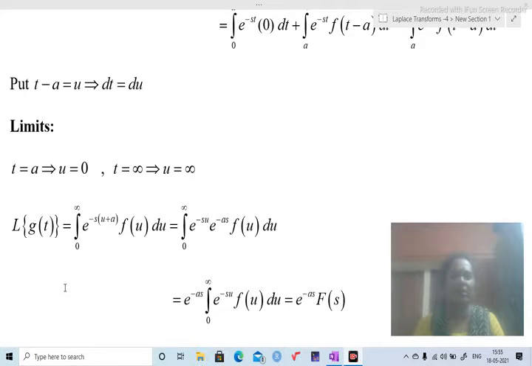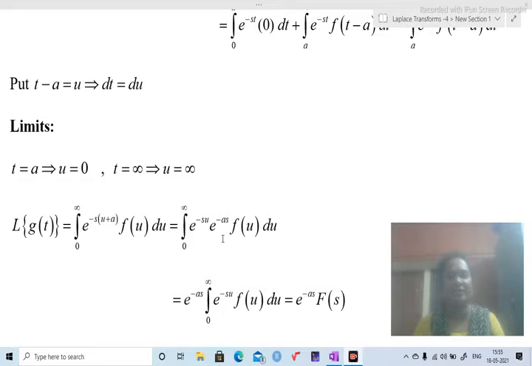Substitute all the quantities, then L of g of t equal to integration 0 to infinity e power minus s into u plus a into f of u du. Now we are going to split this exponential function as e power minus su into e power minus as. Observe, here e power minus as is an exponential function, not containing u term.